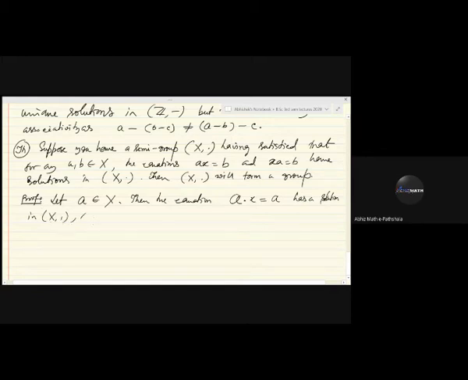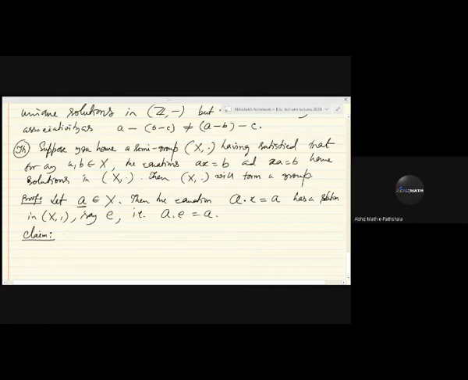Say the solution is E, that is A dot E equal to A. Now this is true for A, but our claim is that this is true for any element of the set.